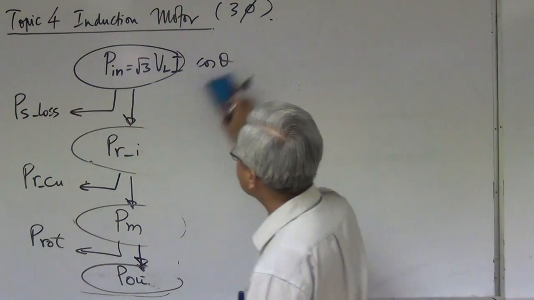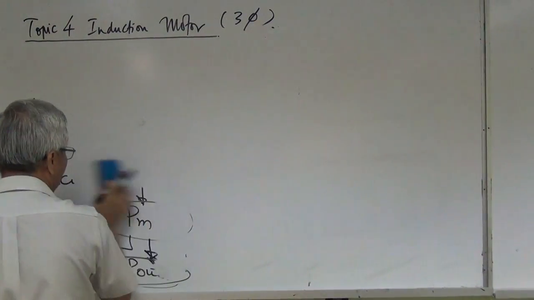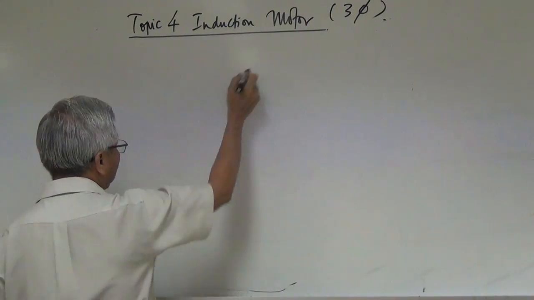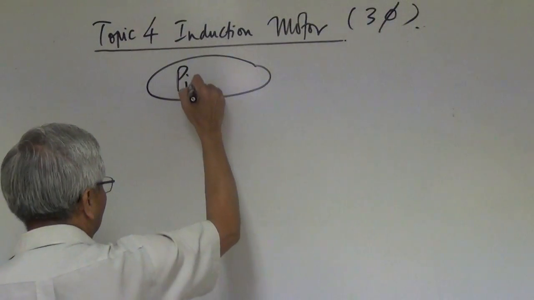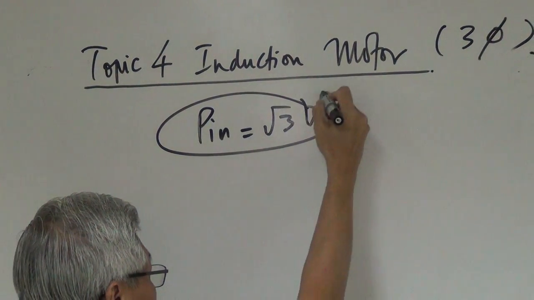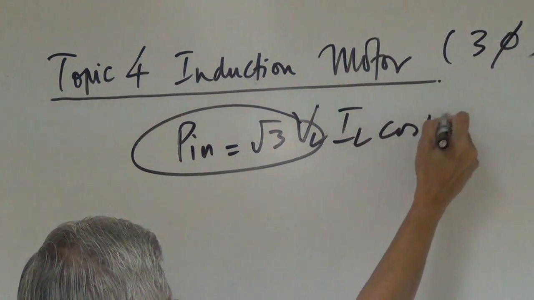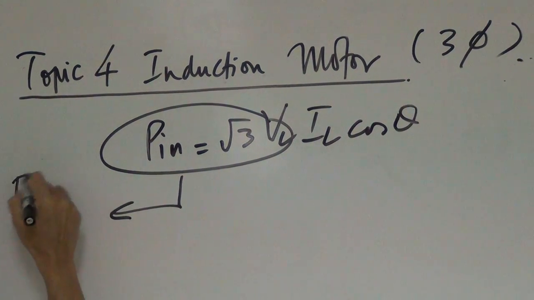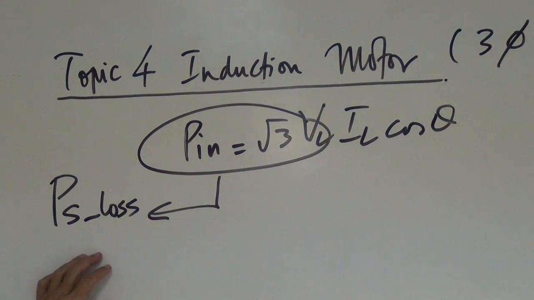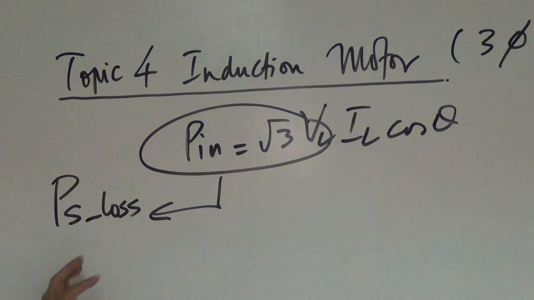Okay, let's come back, do it one more round before we go to do some examples. Power flow diagram. Input power is to the stator, and it is equal to square root 3 VL IL cosine theta. The first loss is the stator loss, which, just like a transformer, is iron loss and copper loss.